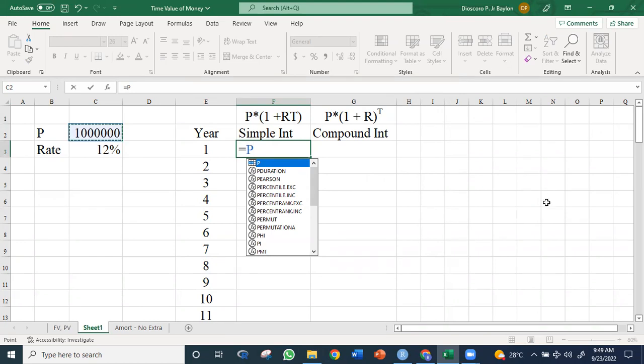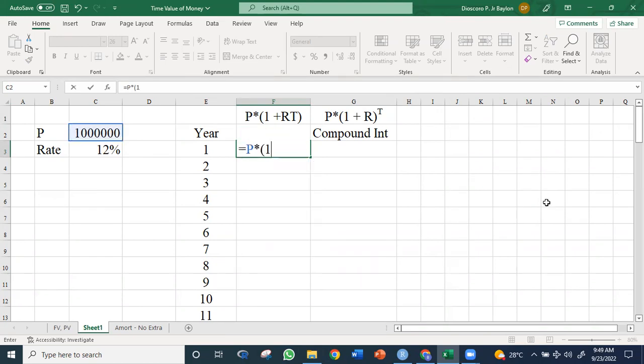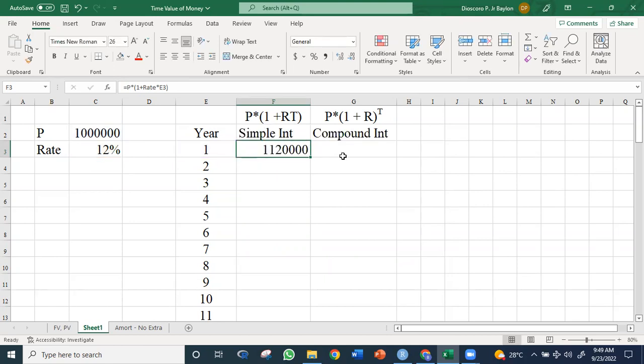And then multiply that by 1 plus our R, which is this one, the rate. And then we're going to multiply it by T. Our T is this one. Now, let me first close this and let's see what happens. Enter. And let's format this.